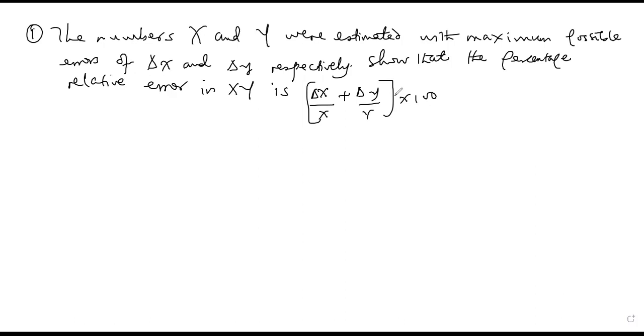Otherwise, the number is very easy. So first get the relative error, then multiply it by 100. So I would expect everyone to do this number, and then you see what you would do.